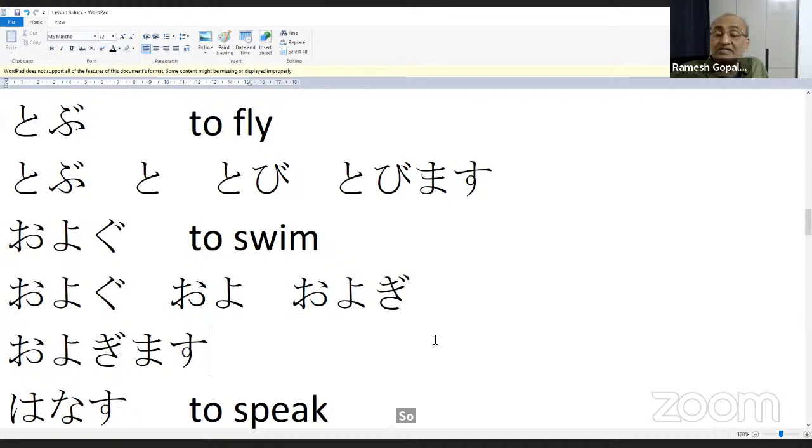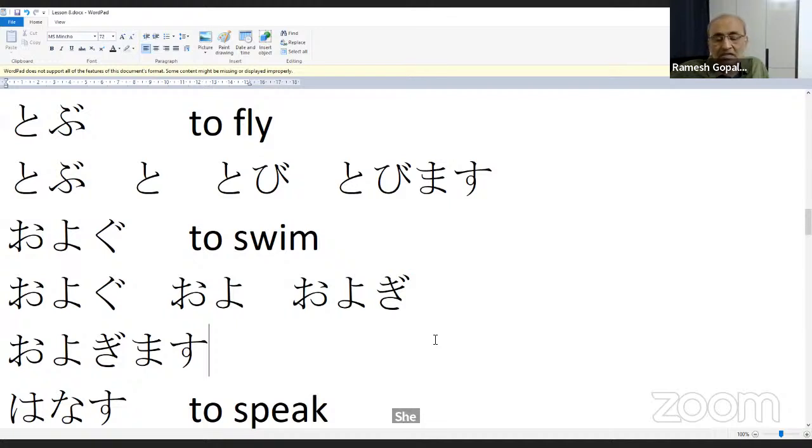Then what do you do? For su, what is the corresponding e sound? Shi. Somebody asked me, no? You just tell me what is the e sound for su. Corresponding e sound, shi. Add shi, and then what do you do? Hanashimas.